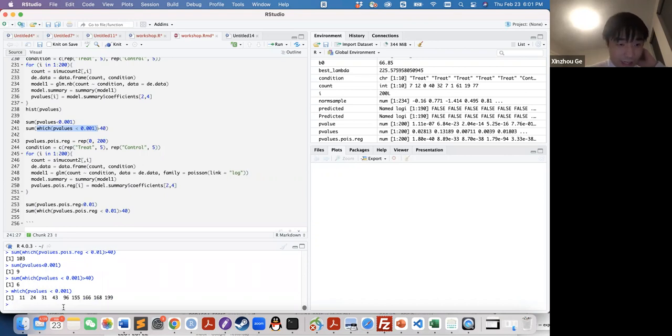We still see a large number of false discoveries here. So we may need to further reduce the threshold if we want to control the number of false discoveries. And that's something that I would like to introduce further.